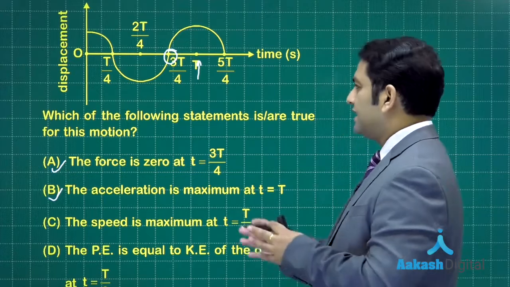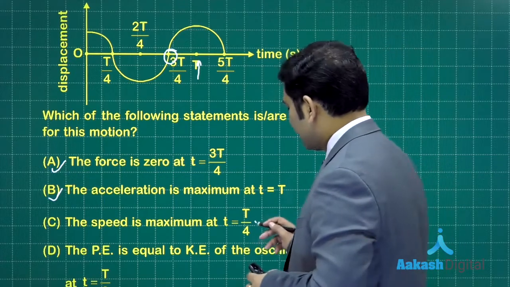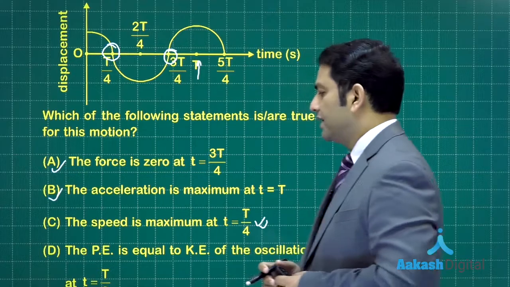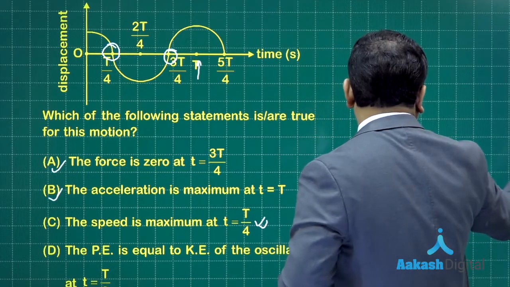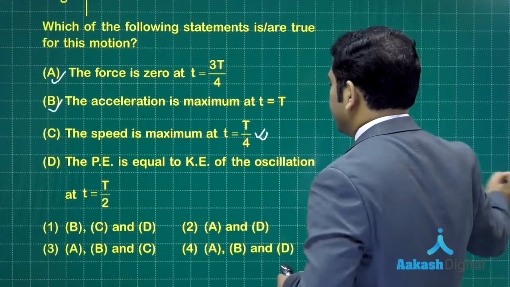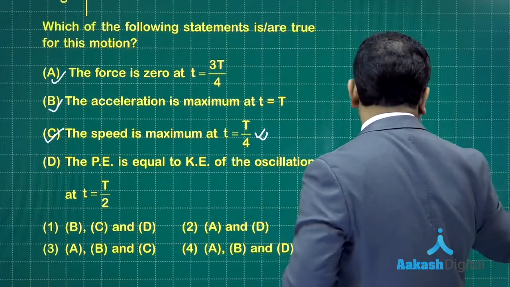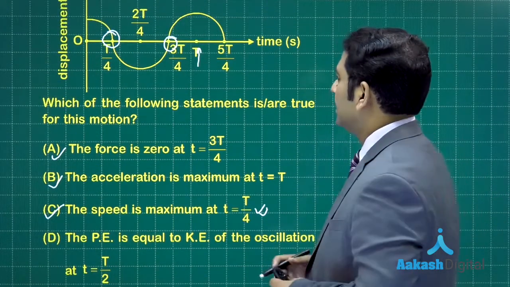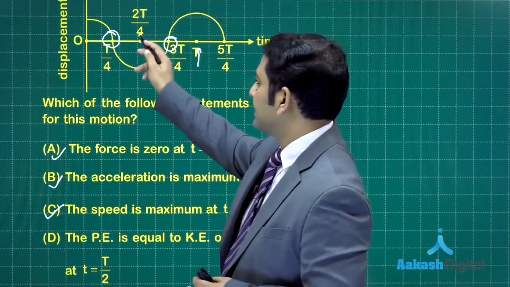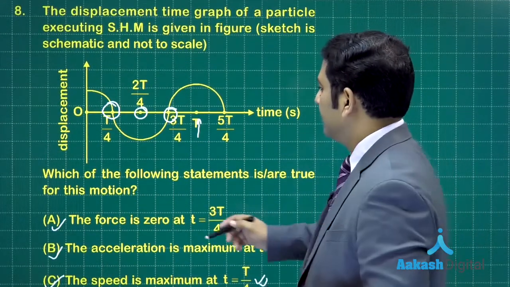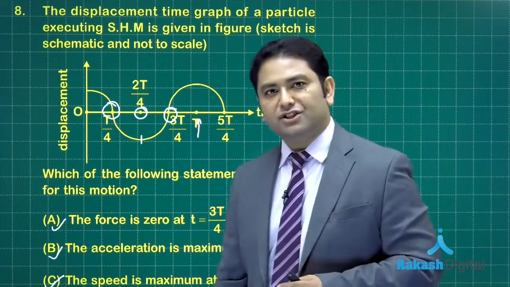Number C, the speed is maximum at T by 4. That's again correct because this is the mean position. So speed will be maximum. And the potential energy is equal to kinetic energy of oscillation at t equals to capital T by 2. That is incorrect because at capital T by 2, half of the time period, the particle is at negative extreme.